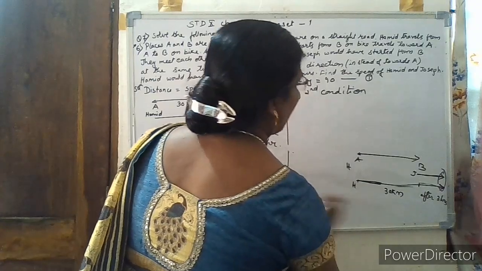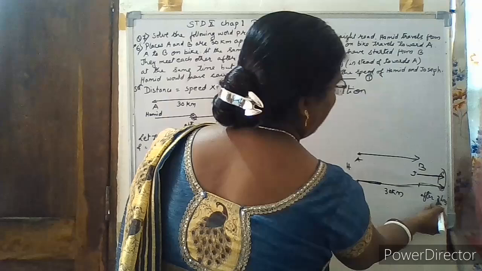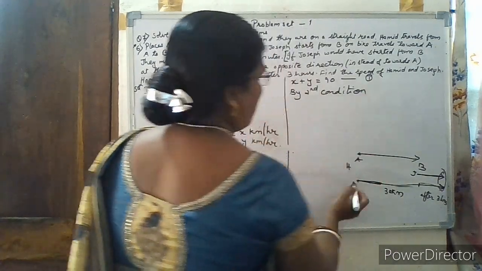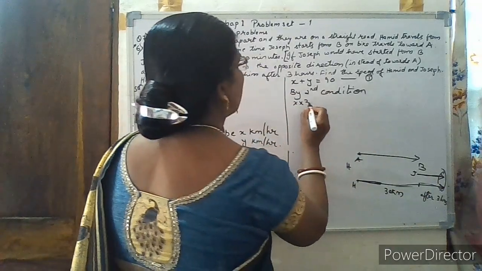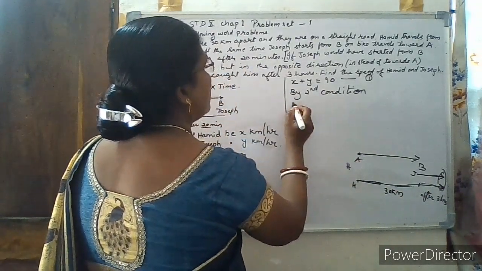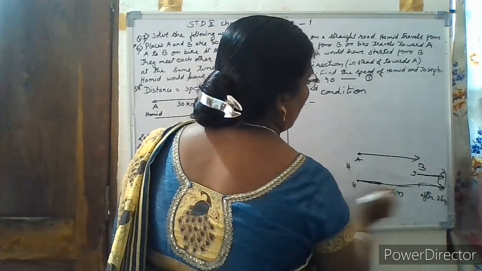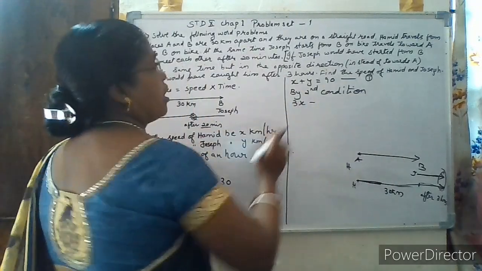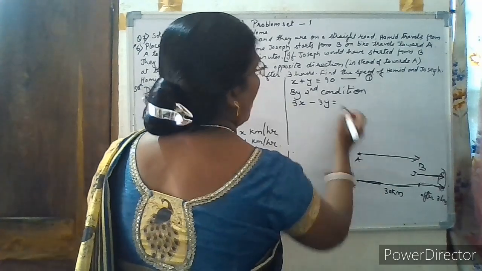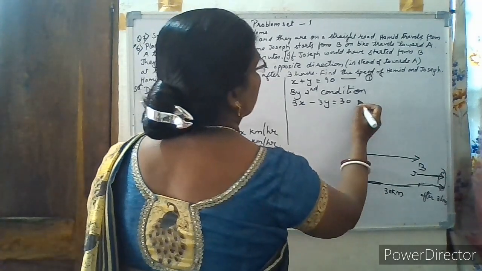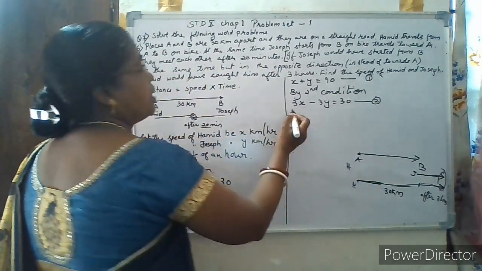Speed into time: Hamid's speed is x into time 3 hours, so 3x minus 3y is equal to the difference, 30 kilometers. This is equation 2.